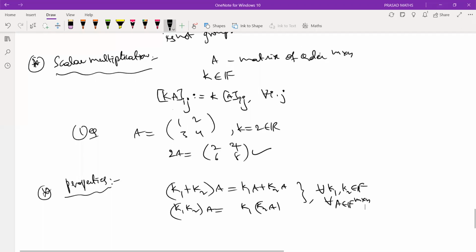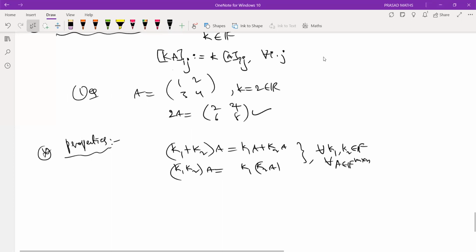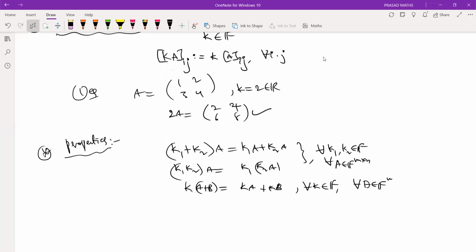Next is k into (A plus B) is equal to k into A plus k into B. This is true for any scalar and any matrices of m by n. Next, 1 into A equals A. You can check it with straightforward proofs.